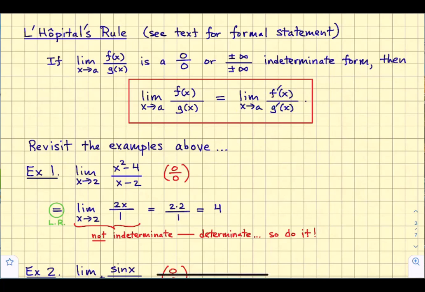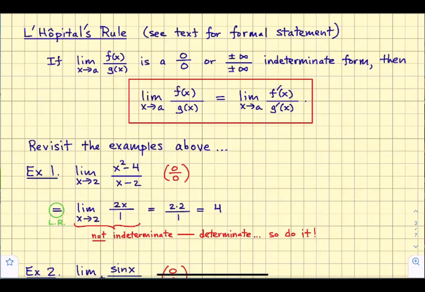Notice this is not a quotient rule. It's just the limit as x approaches a of f of x over g of x is the limit as x approaches a of f prime of x over g prime of x, assuming that you have an indeterminate form of 0 over 0 or infinity over infinity type. It doesn't apply always, it's only when you have those particular types of indeterminate forms.